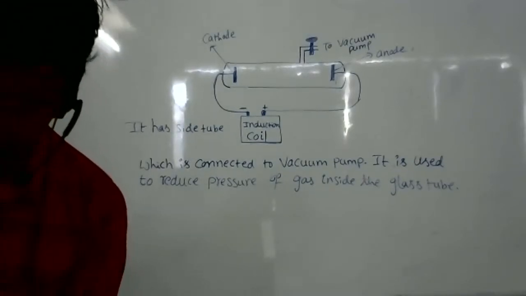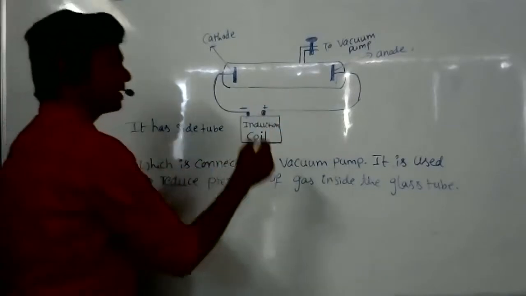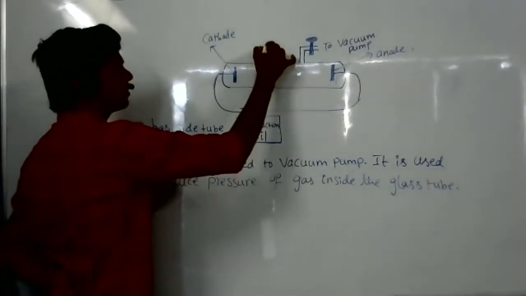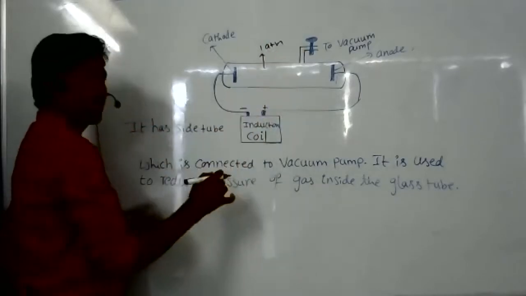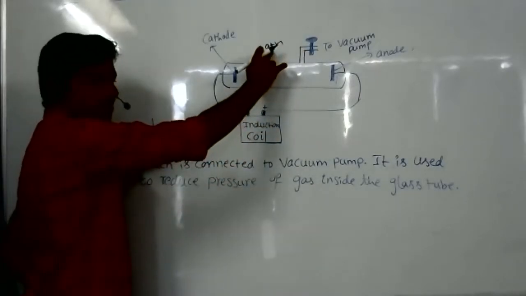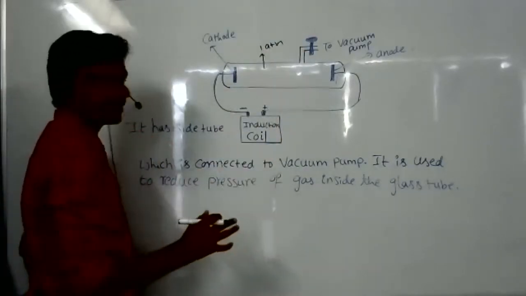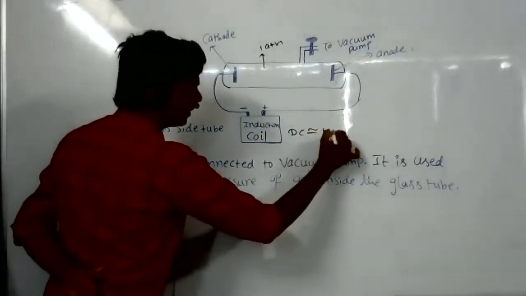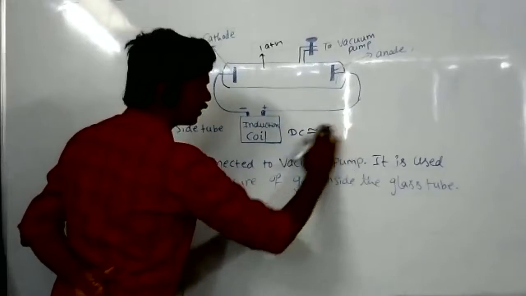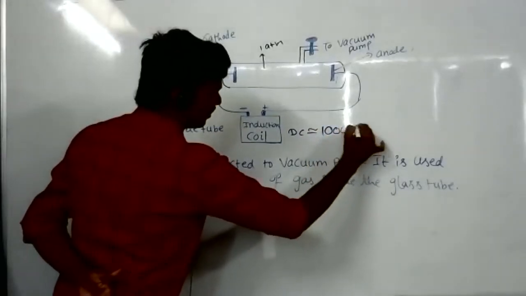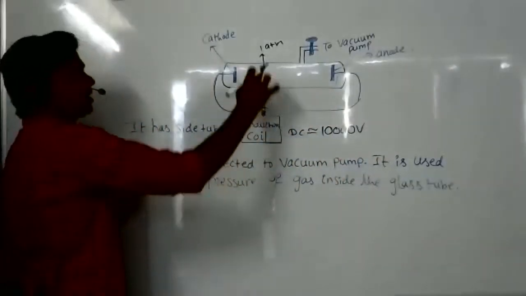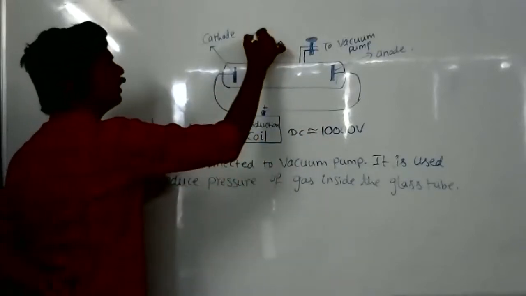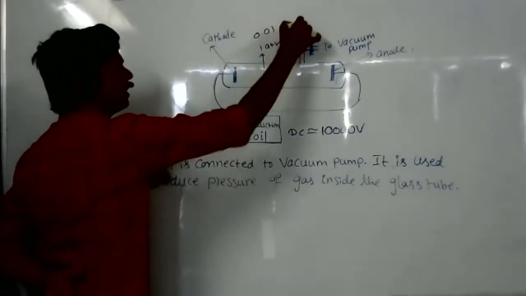Okay, next point. Look, 2 minutes, I will explain. Suppose we maintain here 1 atmospheric pressure of a particular gas. Here current does not flow, though it is connected to high voltage DC, nearly 10,000 volts. But when the pressure is reduced to 0.01 atmosphere, then current starts flowing.